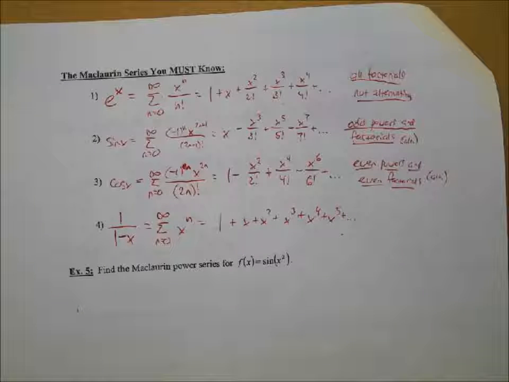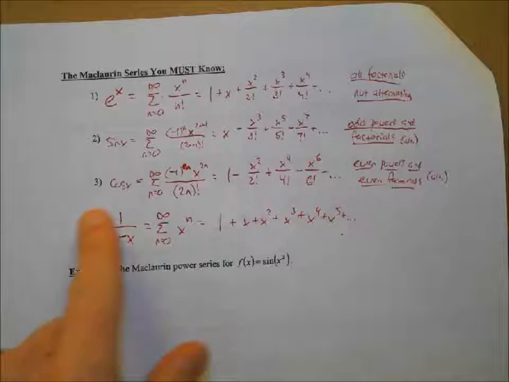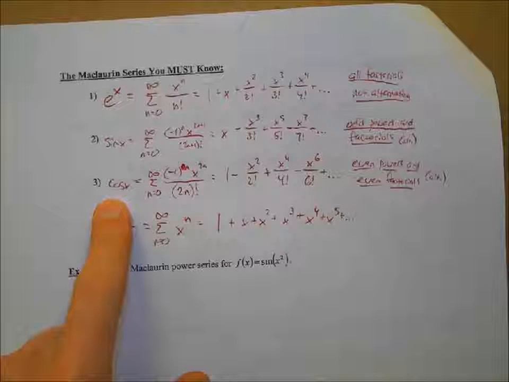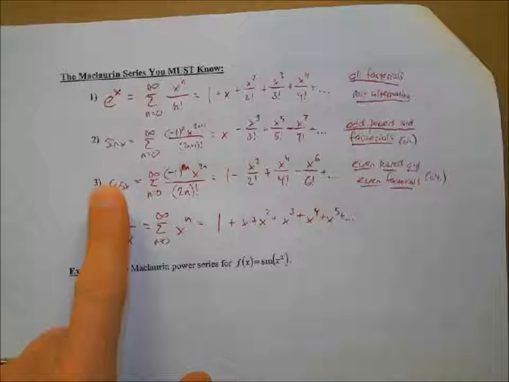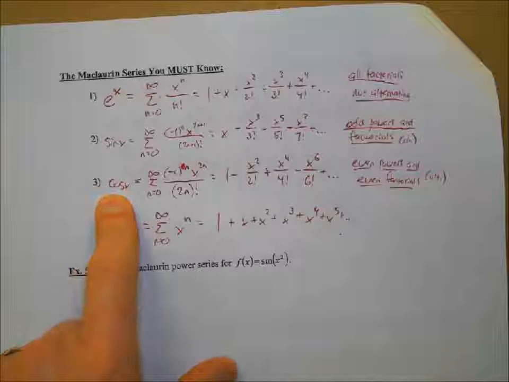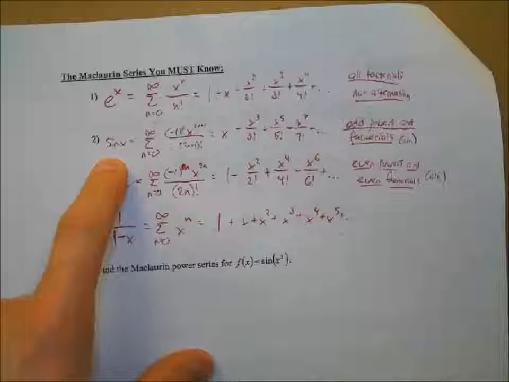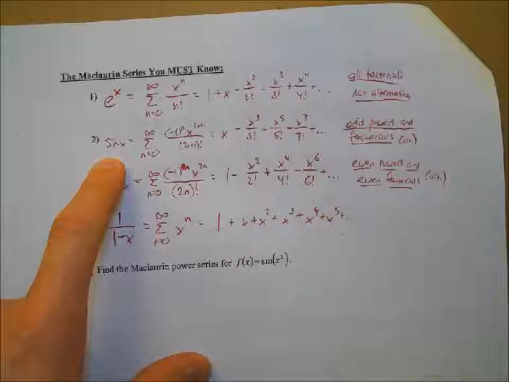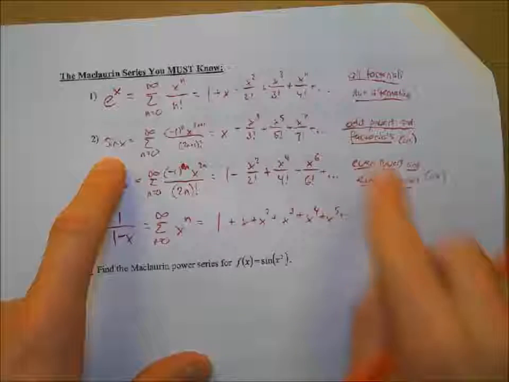If you want help remembering that sine is the odd powers and factorials and cosine is even powers and even factorials, remember what it means for a function to be even or odd. An even function is symmetric about the y-axis, and cosine is symmetric about the y-axis. Sine has rotational symmetry about the origin, which is exactly what an odd function is.